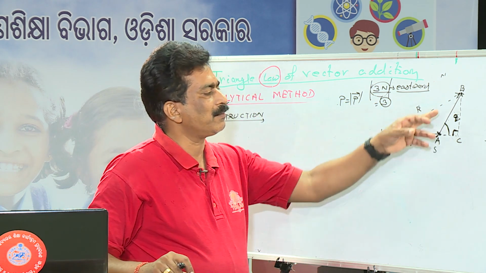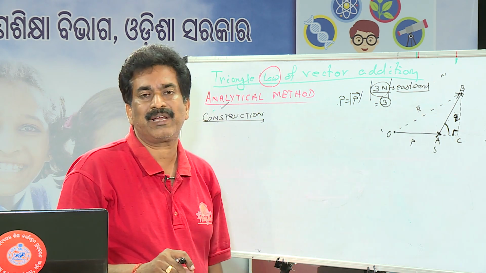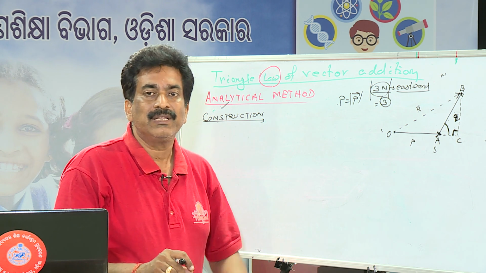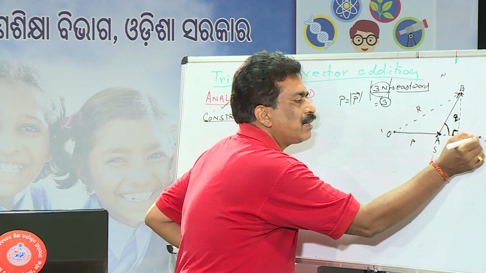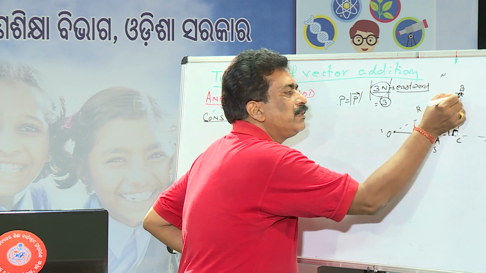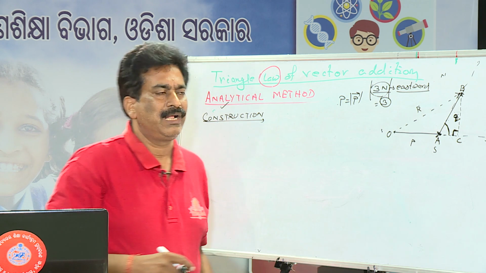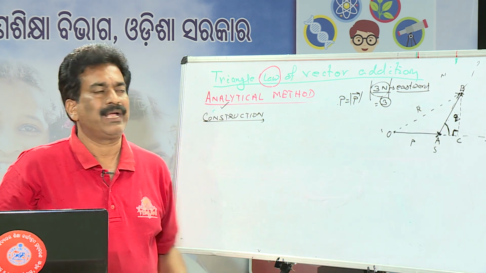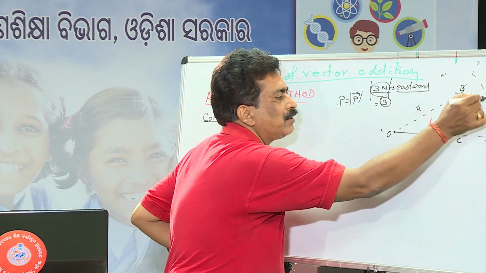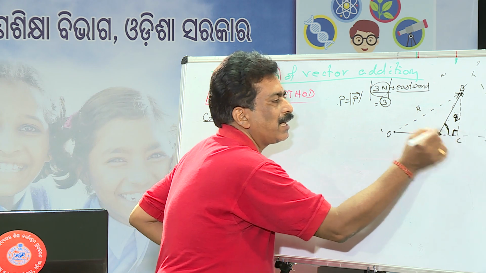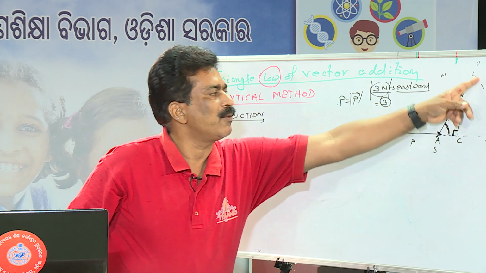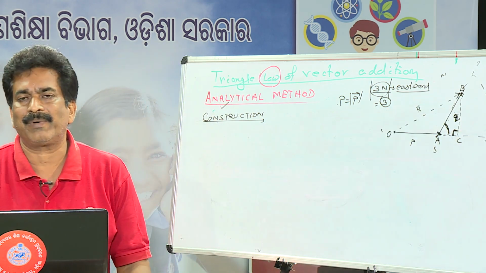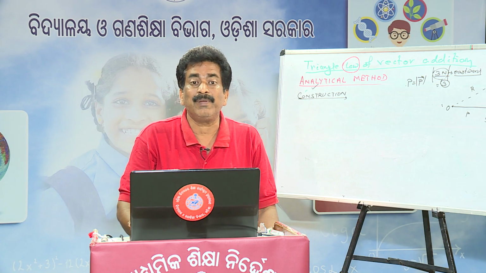So, when it is the head of the first and the tail of the second, what will be the direction? The direction between their angles. You see, this is the direction and this is the second vector's direction. Then this is the angle between the two vectors. If this angle is equal to 30 degrees, what about this greater one? That is also 150 degrees.